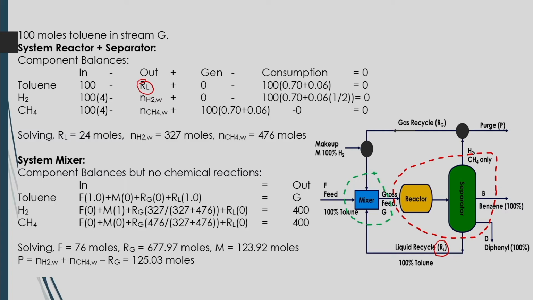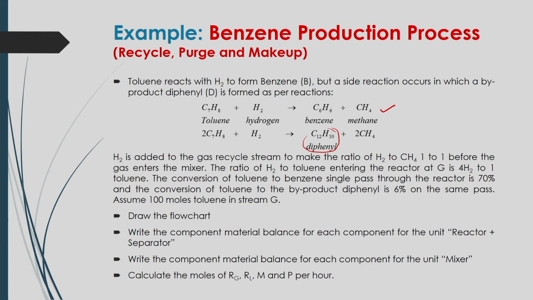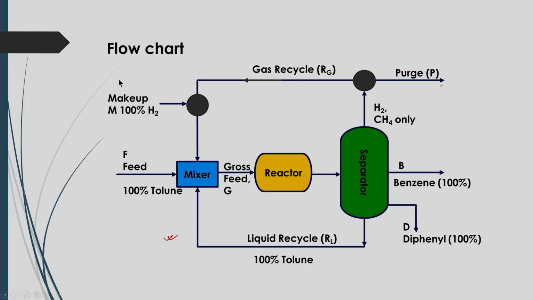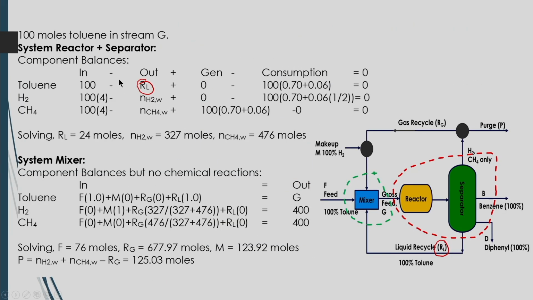But along with that there will be other consumption, because as per your problem some conversion of toluene will give the byproduct diphenyl, which will be 6% on the same pass. So, you have to consider that 6% conversion of toluene in the consumption term. So, it will be 100 into 0.7 plus 100 into 0.06.